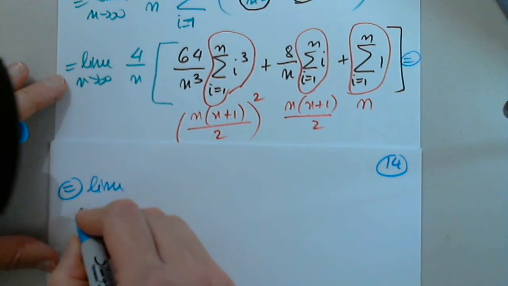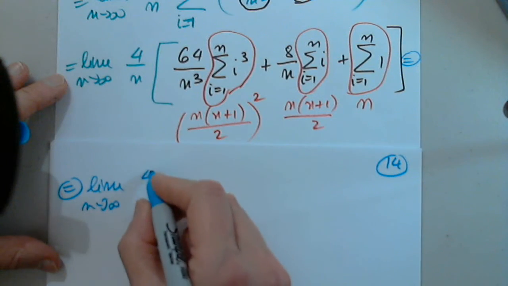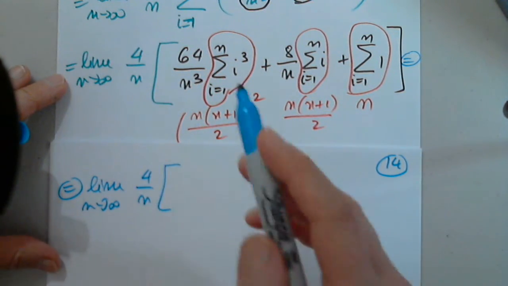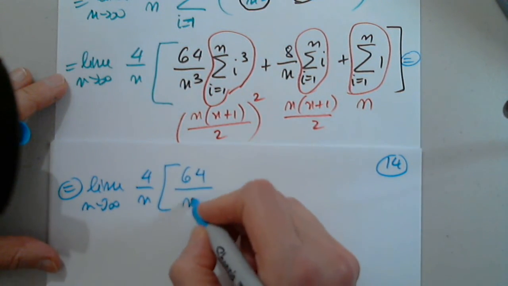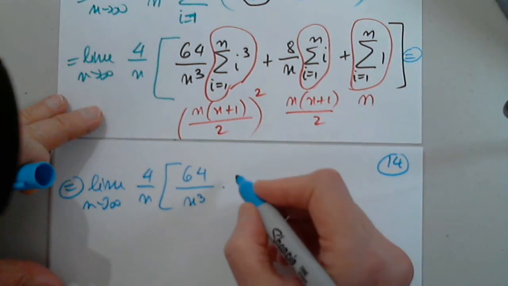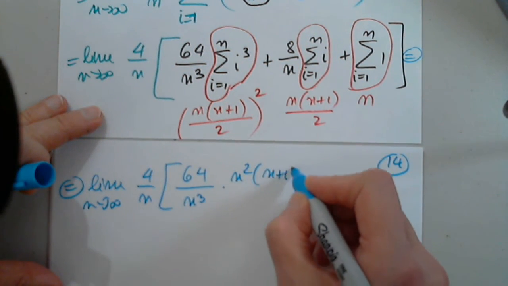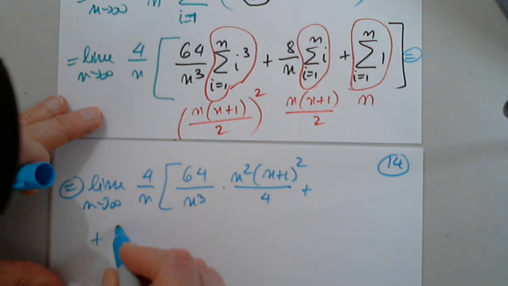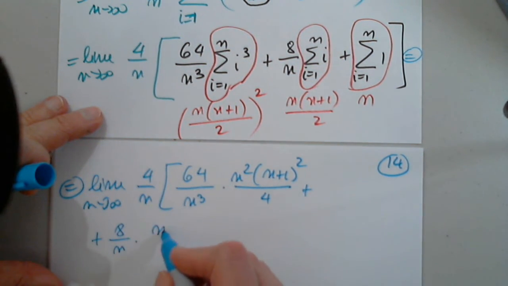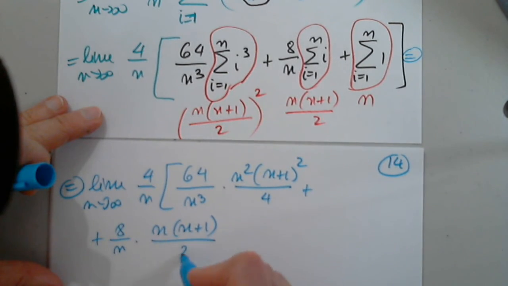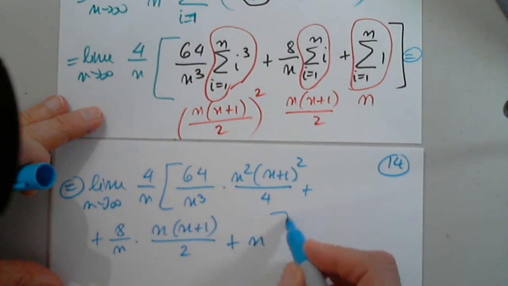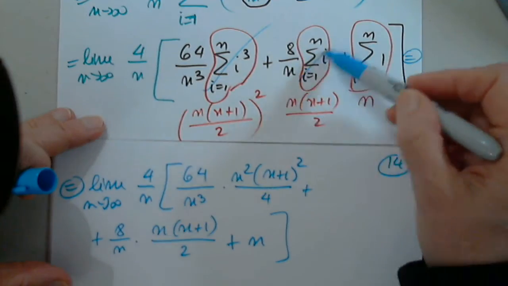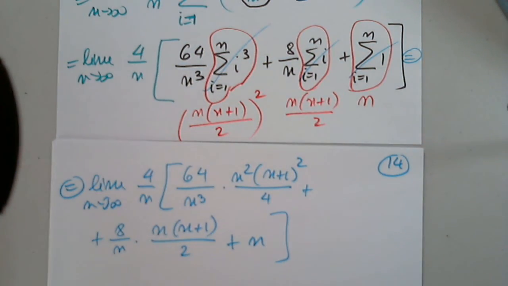So limit as n approaches infinity. The rest is just algebra. 64 over n cubed times n squared, n plus 1 squared over 4, plus 8 over n times n plus 1 over 2, plus n. So I replace these three summation notations.